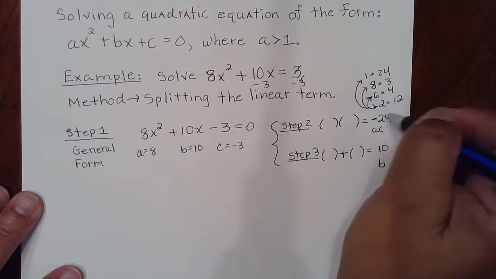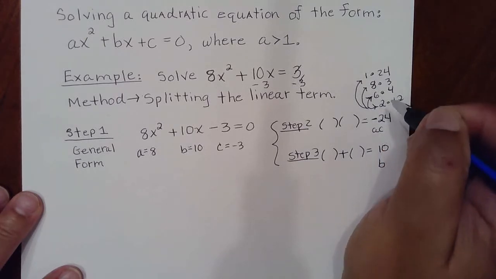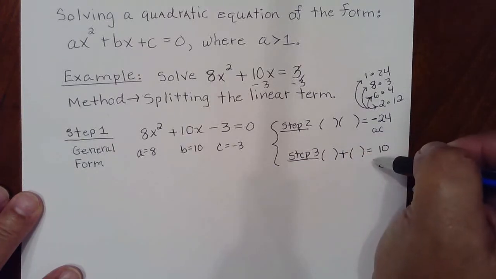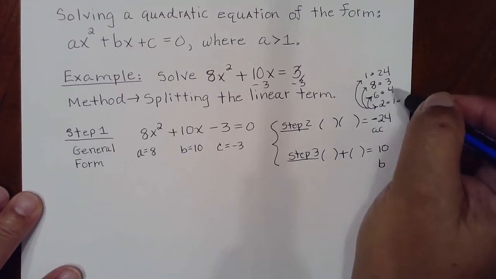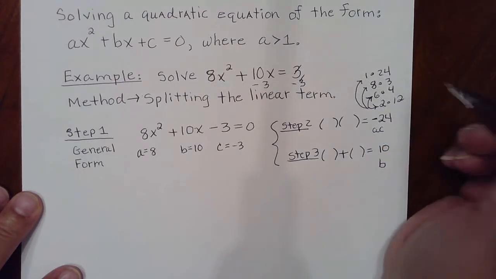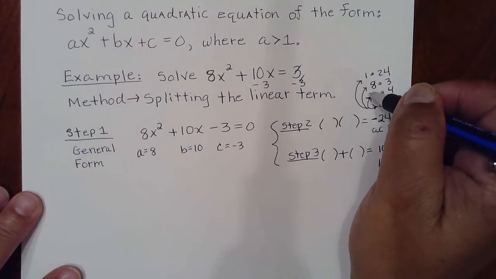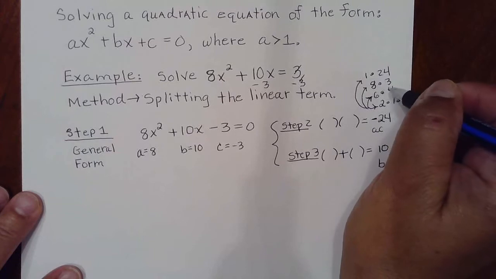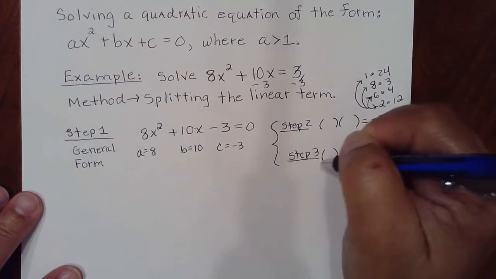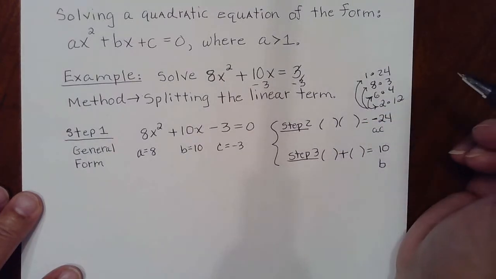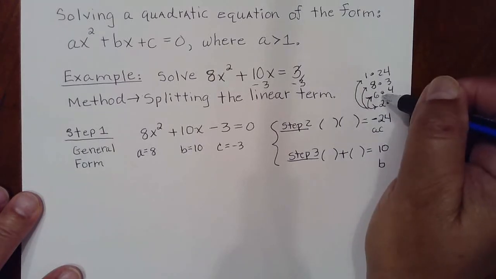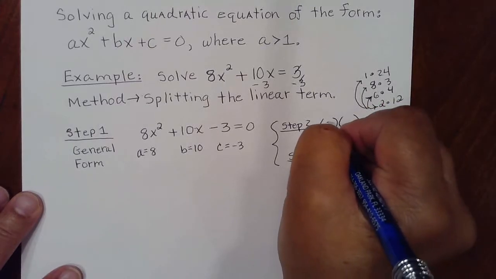So the 2 and 12 would be a better pair because one of them could be negative, and even after one of them becomes negative and you get into a subtraction situation, you're still going to get a 10. Whereas if you try to do that with the 6, 4, let one of them be negative. If the 6 is negative and you add these two numbers, you get a negative 2. If the 4 is negative and you add the two numbers as you have to in step 3, then you get a positive 2. So neither one of those would work. So while that is tempting, it's really the 2 and 12 pair.